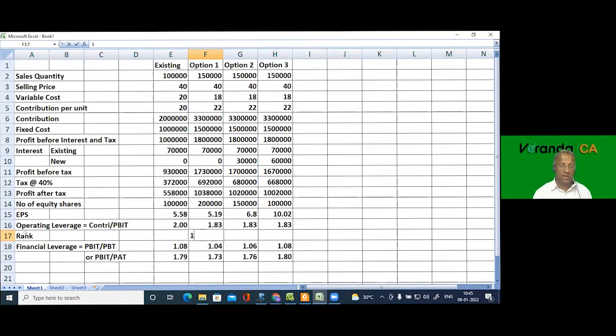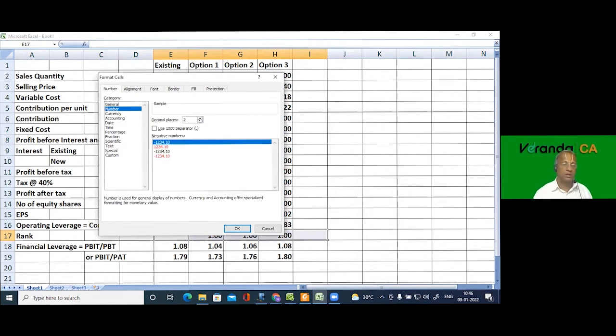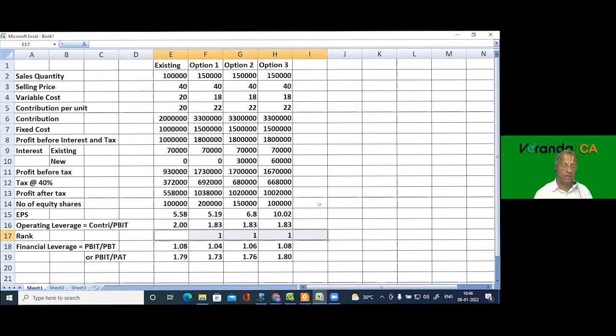So equal rank only I am providing. So here I just don't require in decimals. Rank, equal rank only. Because operationally they are one and the same.